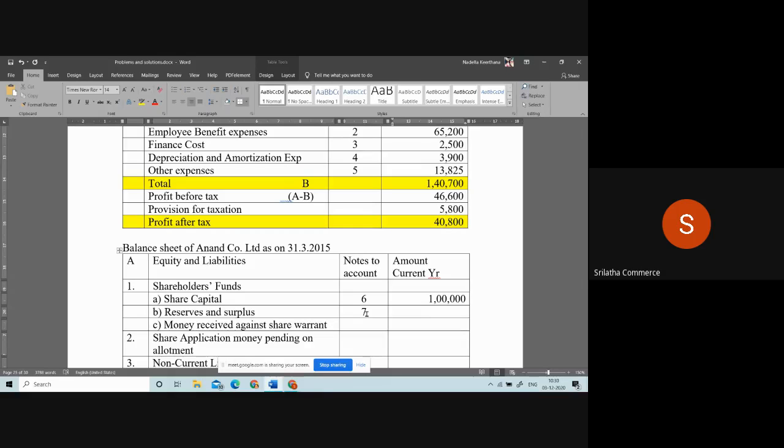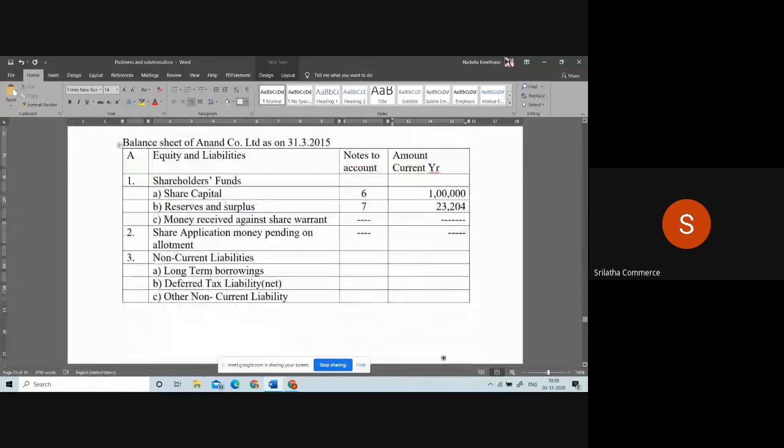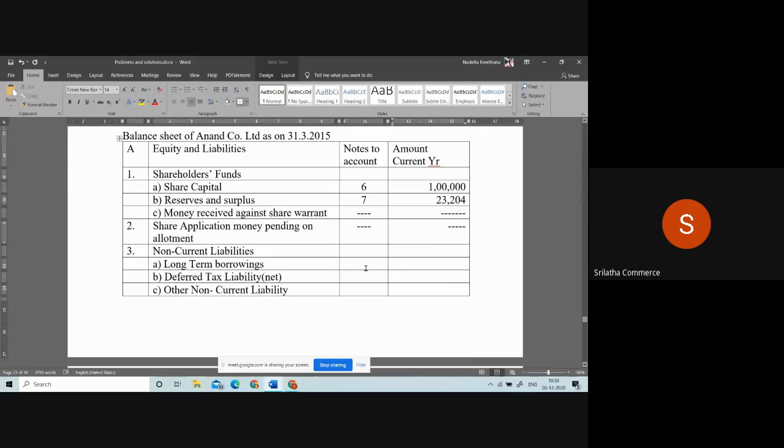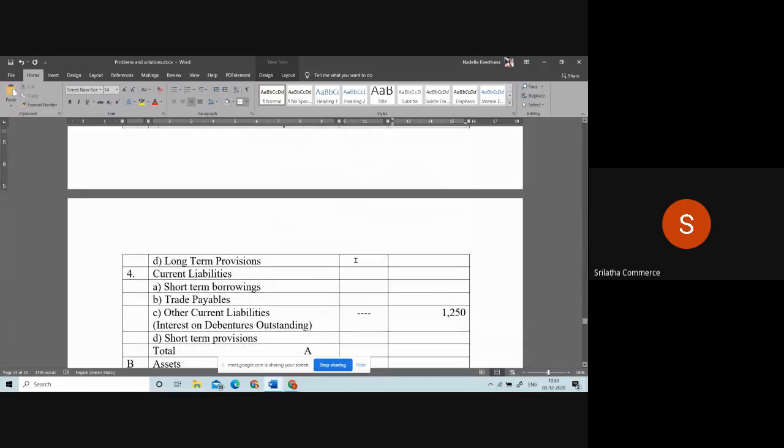How much? 23,204. Then money received we are not having. Share application we don't have. Then long-term borrowings, we prepared the account, 25,000. And deferred tax no. Other non-current liability no. Then long-term provisions no.